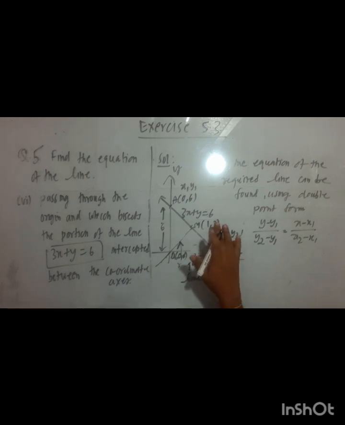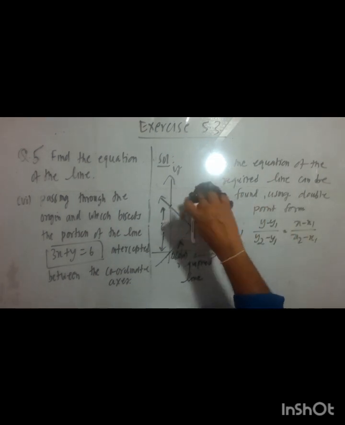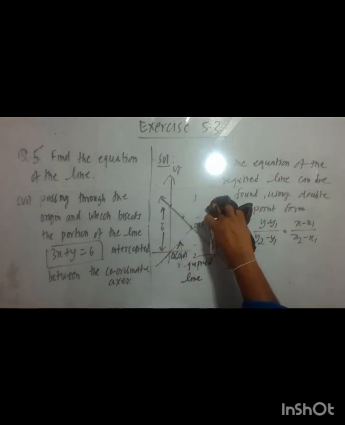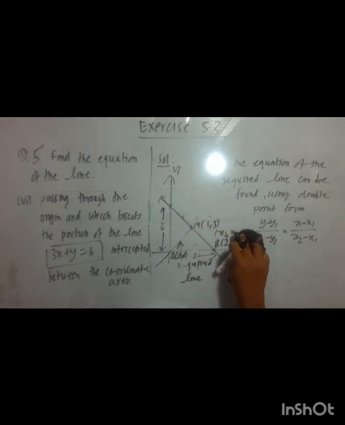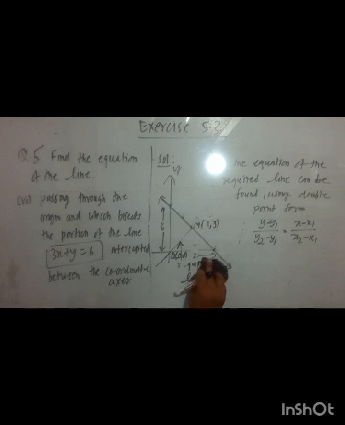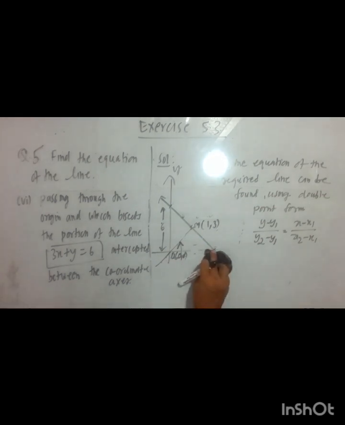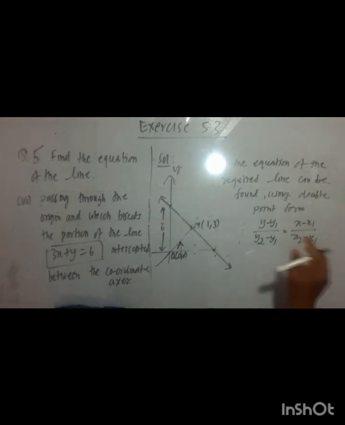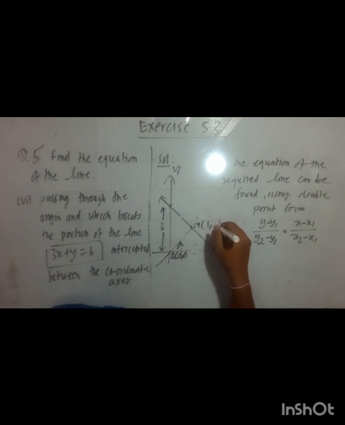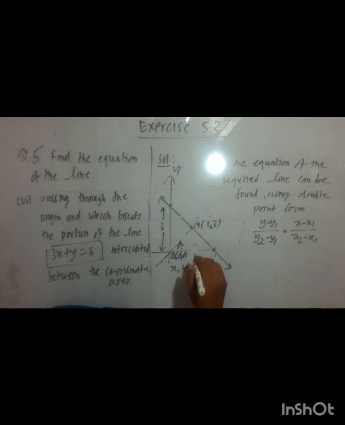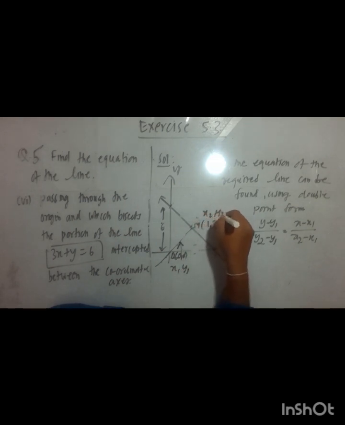Now I will rub this so that we will have a clear picture. We will keep only the portion which is required. So we are talking about this 1 comma 3 and this is your origin. So this will be your x1 y1 and this will be your x2 y2.